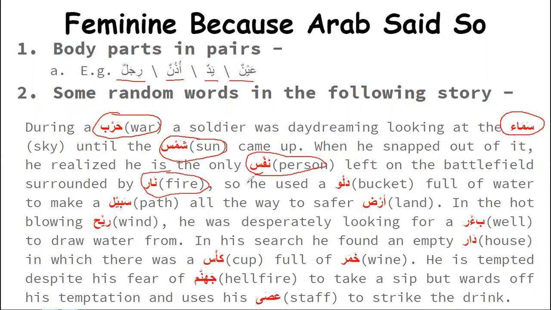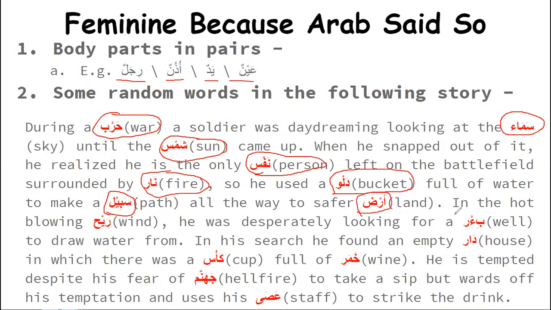Okay, so what did he do? He used a bucket, a dalu, full of water to make a sabil. Sabil is path. To make a path out of the fire to a safer land, safer earth.